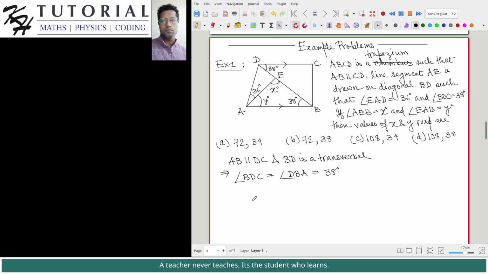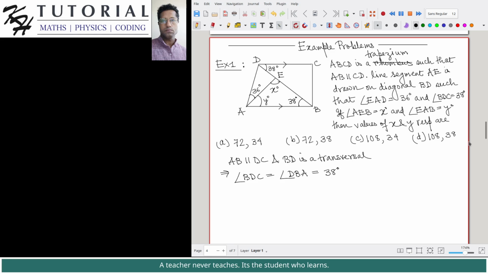What else do we have? 36 degree and 38 degree. AB is parallel to DC.